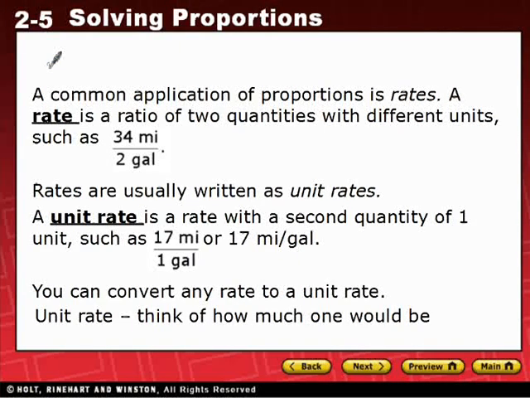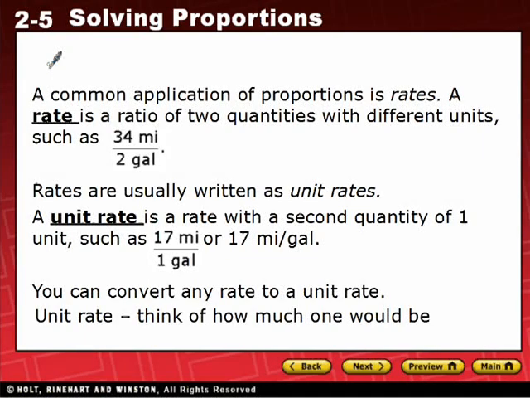And when we write rates, we usually give them as unit rates because then we can compare them with other things. A unit rate is a rate where the second quantity, the denominator of the fraction, has a quantity of 1 unit. So we're looking at 17 miles per 1 gallon, or it costs $3 per 1 pound.